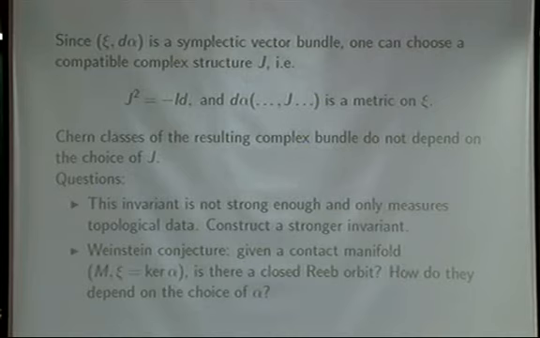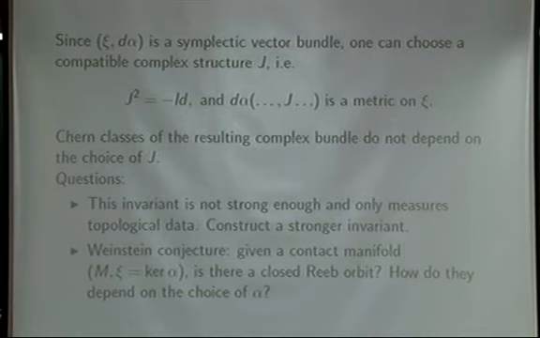And so what happens, well, you certainly can distinguish some contact structures with this invariant, but there are many that you cannot say anything about. And again, this Weinstein conjecture, and in particular, how does the number of orbits depend on the choice of alpha?